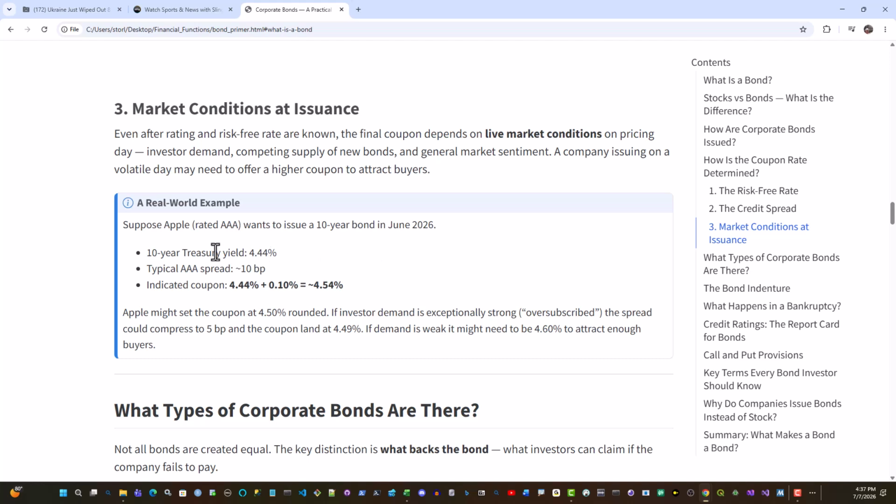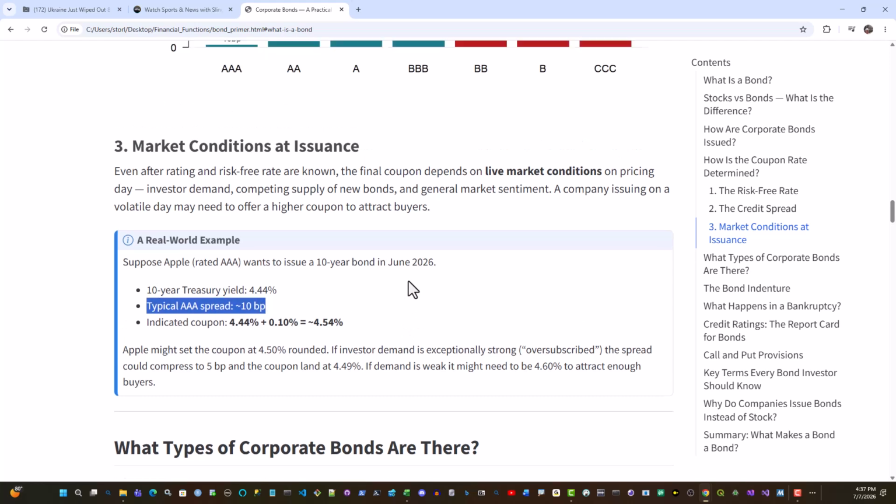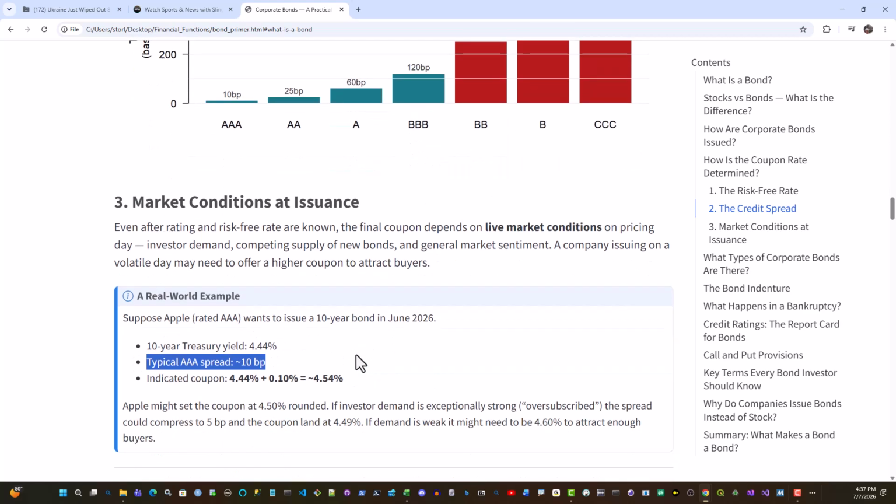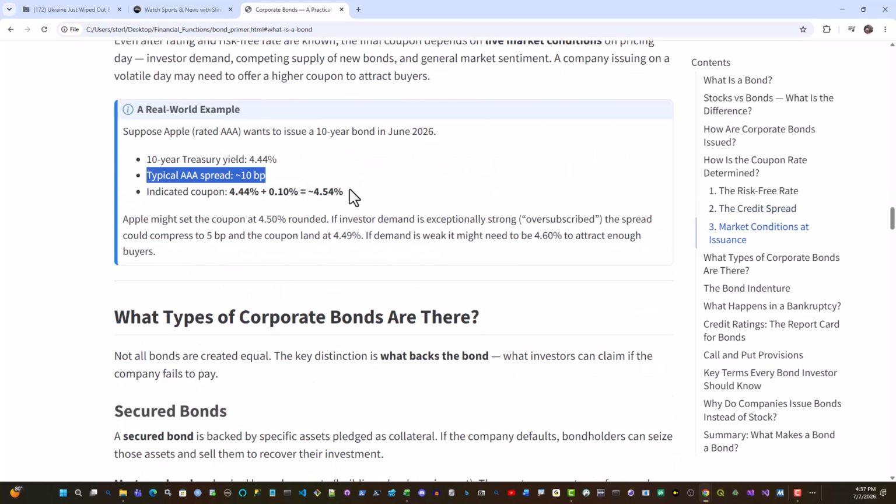Then you can use this Treasury yield, which is the risk-free rate on a 10-year bond, and then you can add this 10 basis point to it, which you saw up here, and therefore your new rate becomes 4.54. However, you might have to work around the edges here. But that's how you can kind of set the coupon rate in this respect.